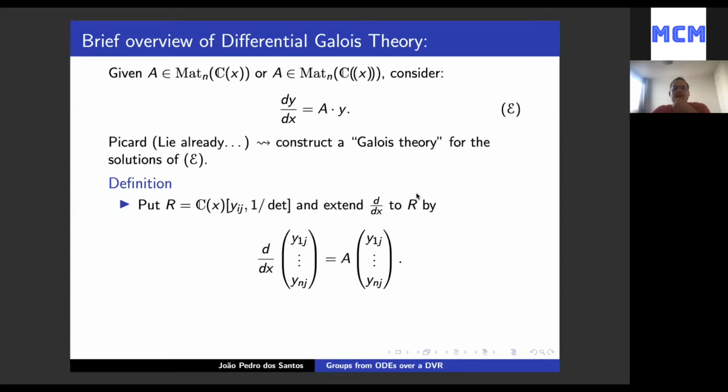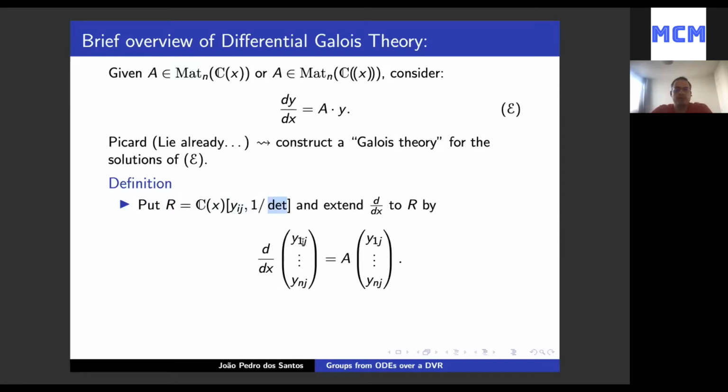This means that you put in formally the coefficients Y, A_ij, just like you do in standard Galois theory, and you force the differential operator, the derivation, to be extended to R by this formal rule. Okay, so each column of the matrix, which is here, becomes a solution of the differential equation.